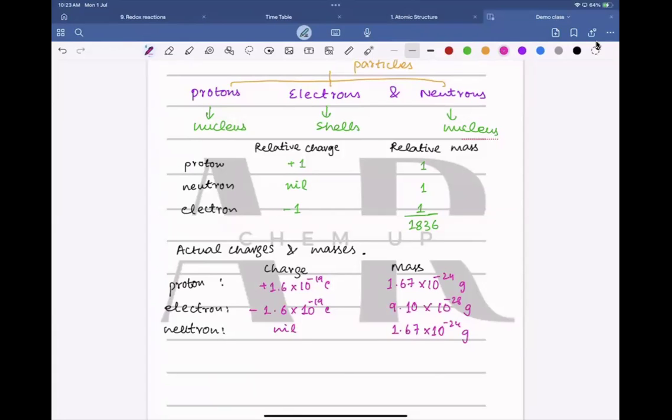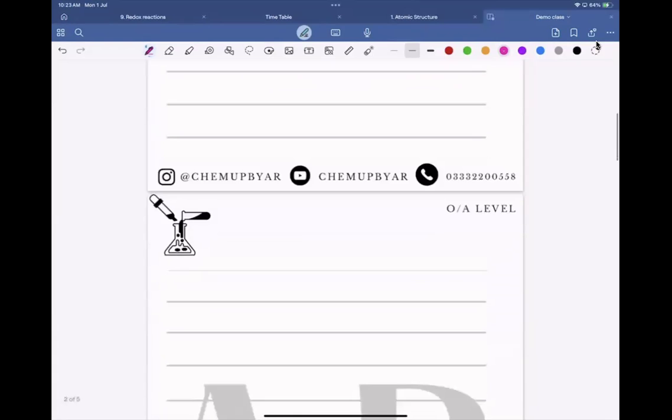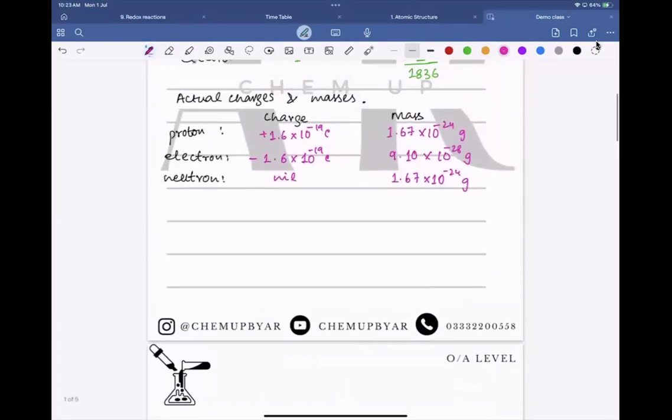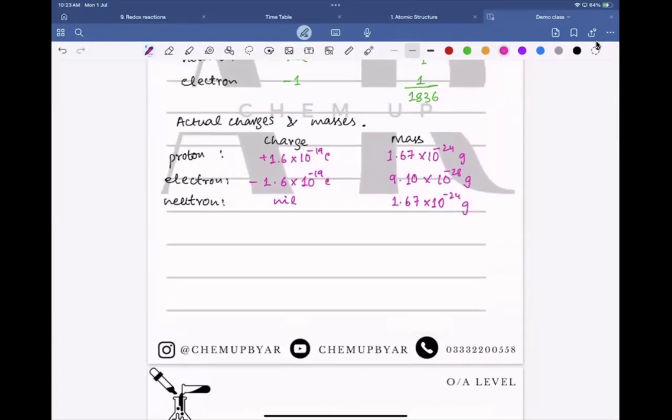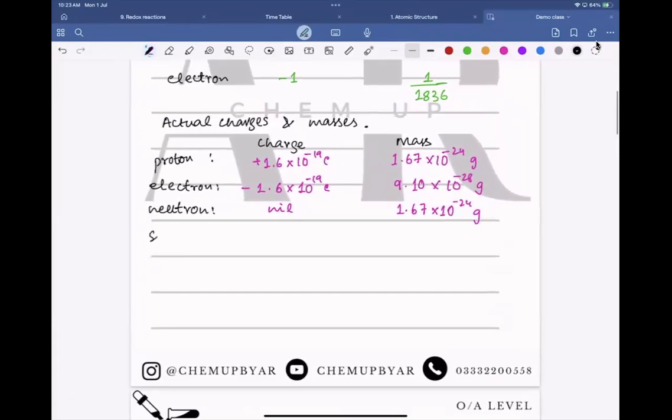Now, the next thing that I needed to discuss is splitting of particles in an applied electric field. As I'm just going to show you the electronic configurations, we will not spend much time on it.